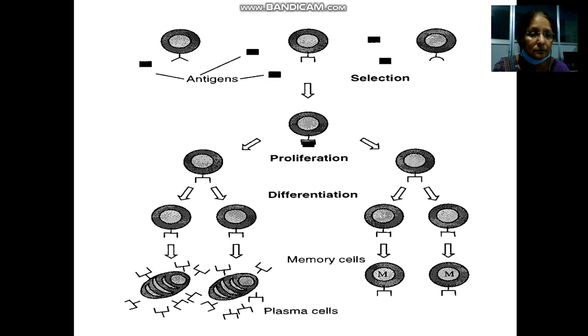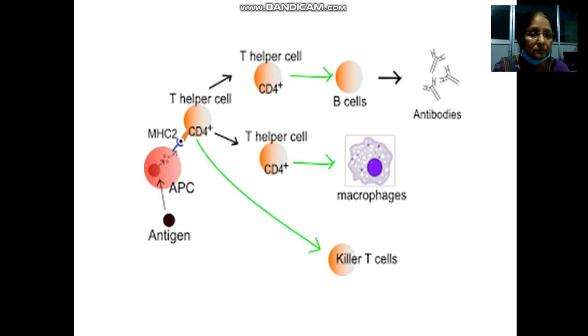Here antigen selection takes place, then proliferation of B cells and T cells, and differentiation. The plasma cells produce antibodies, and memory cells remain for future infection. Here the T cell binds the antigen presented by antigen presenting cells, then MHC2 interaction with the T helper cell, the CD4 cell.